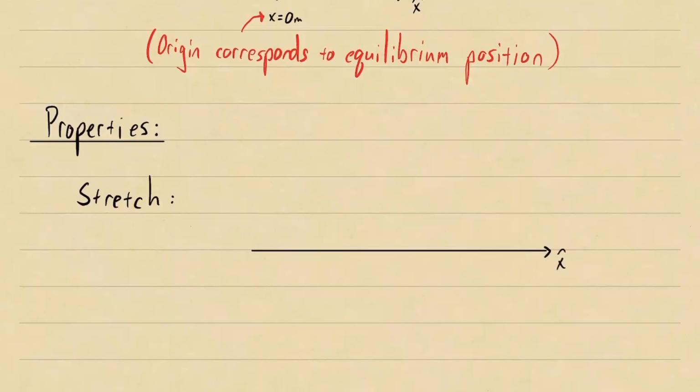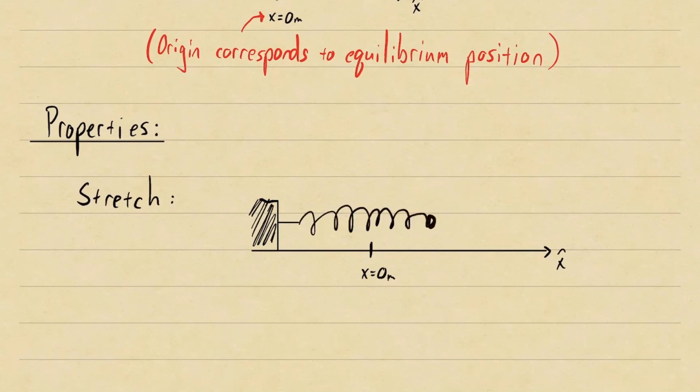This is our x direction, this is our wall, this is what our spring is attached to. And let's say that the equilibrium position is here. But let's say that our spring is stretched out to here. So this is stretched out to some distance, which we'll call x. This distance right here, it'll just be x.